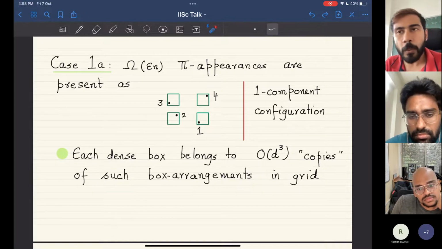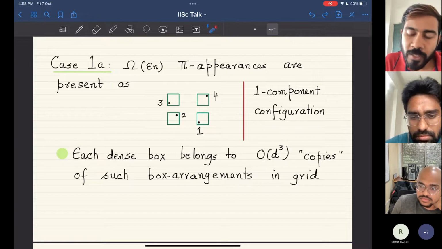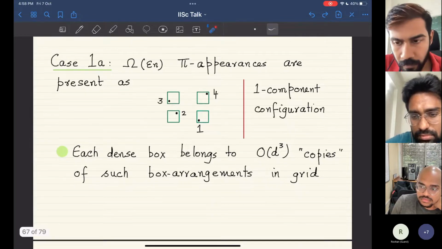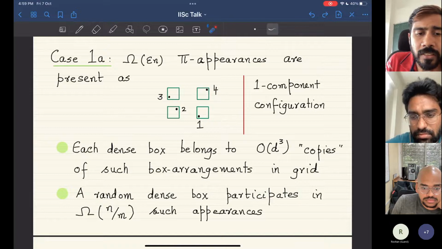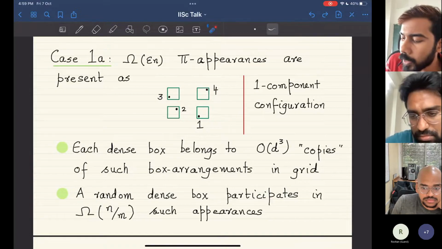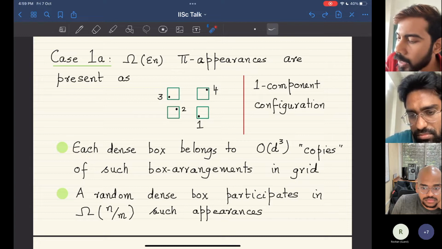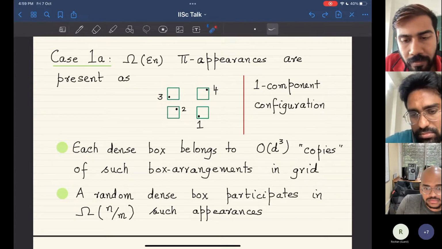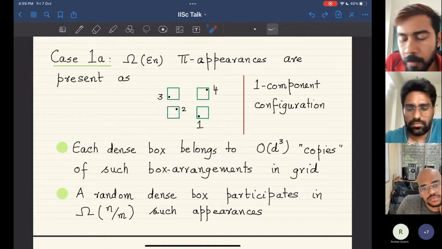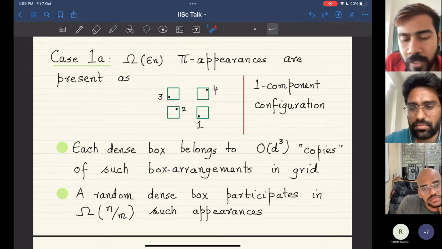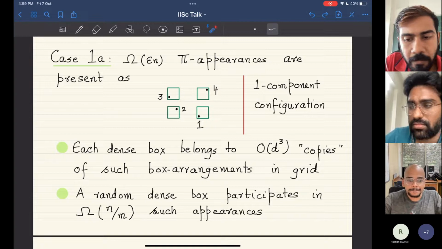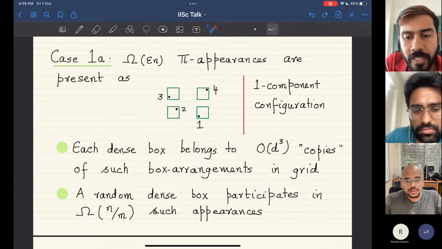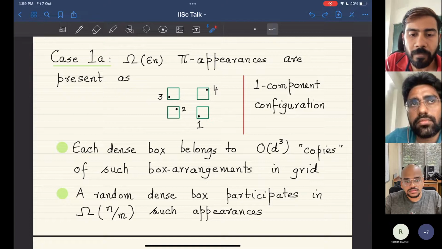And here we use the property that we don't have too many dense boxes in a layer or a stripe. So essentially now, as I said, a random dense box participates in omega n over m 3 legs. And then I will check all possible extensions of this dense box into this one component configuration, query every point in this collection of box arrangements, and I'll still be okay. I'll have big O of root n queries.